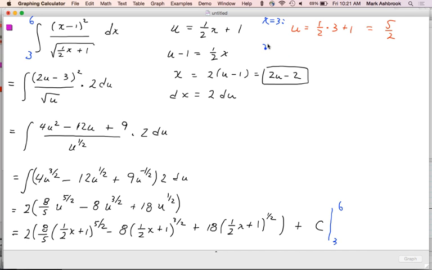And then when x equals 6, what's u? 4? So when x changes from 3 to 6, u changes from 5/2 to 4. So we can evaluate our u antiderivative from 5/2 to 4, and then we get the exact same result.